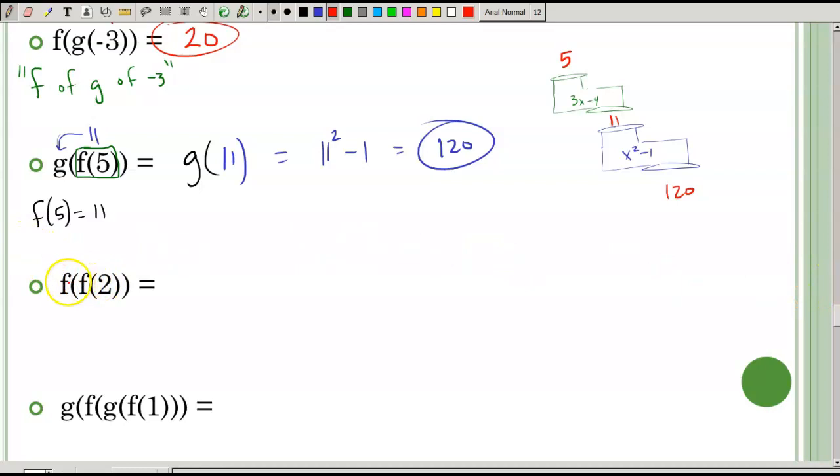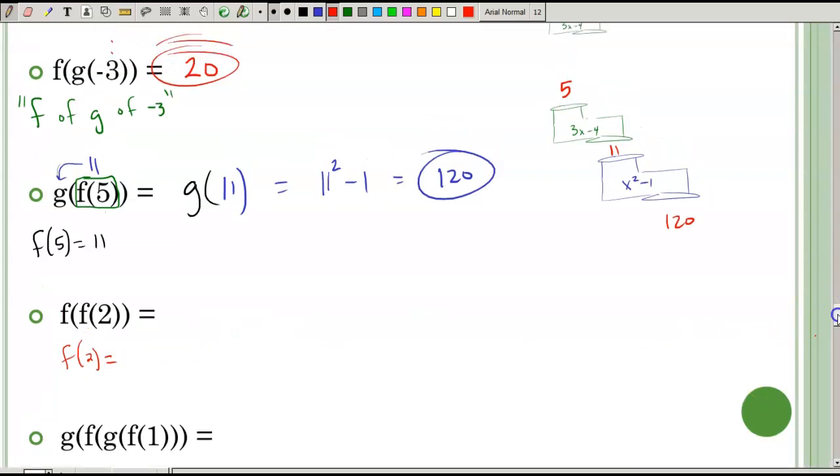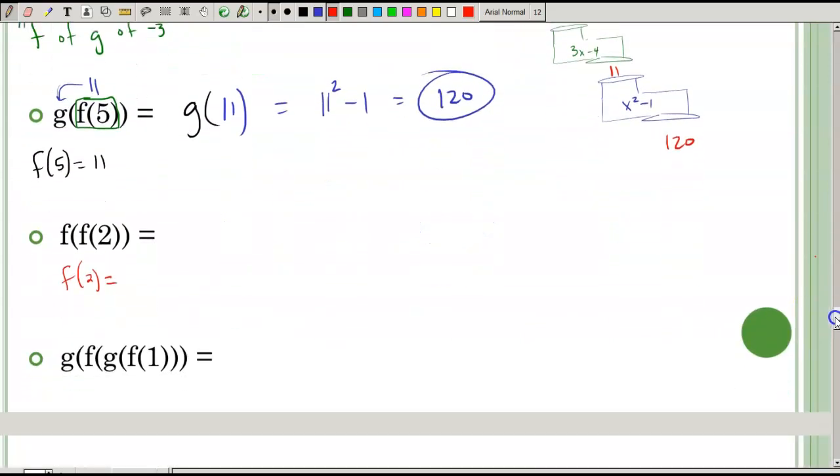All right, so what is f of f of 2? Well, that's no problem. First of all, what is f of 2? I'm going to take 2 and plug it into f, which is 3x minus 4. So 3 times 2 minus 4 would be 6 minus 4, which is 2.